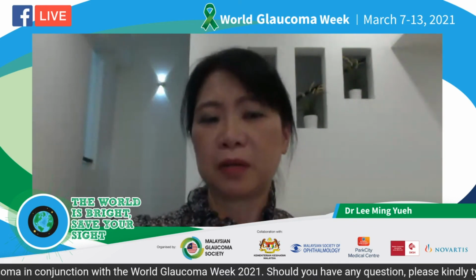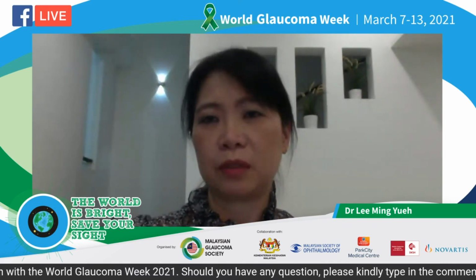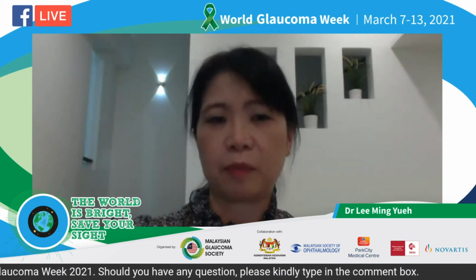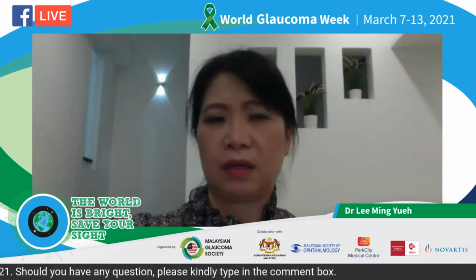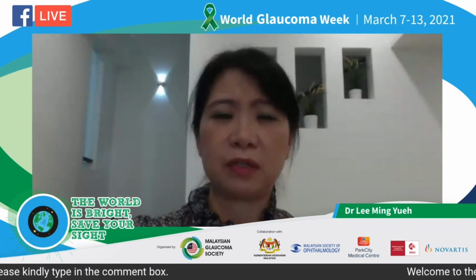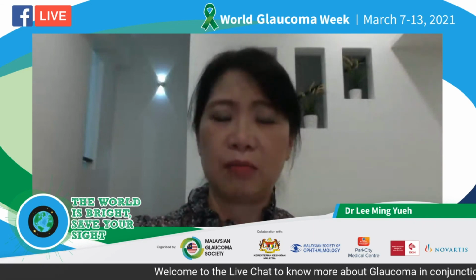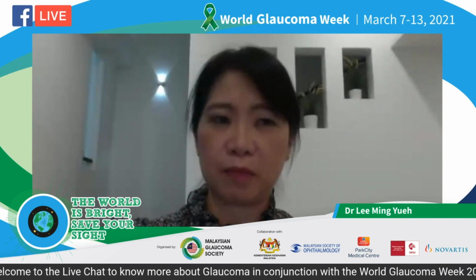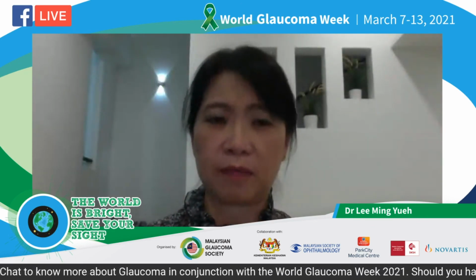Ginkgo biloba is often prescribed to patients with very bad optic nerve damage, like already blind or seeing counting fingers. The pressure is well controlled, and the doctor will say, why not take some ginkgo biloba supplement to increase your blood circulation so that your little remaining vision can still be preserved. At least you get some navigation vision.